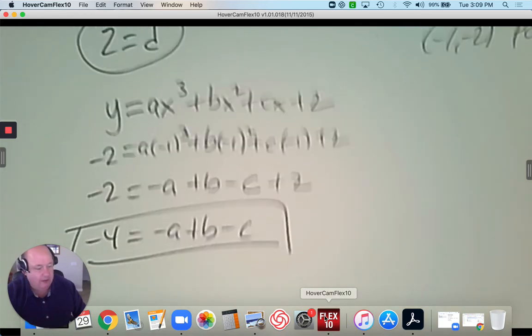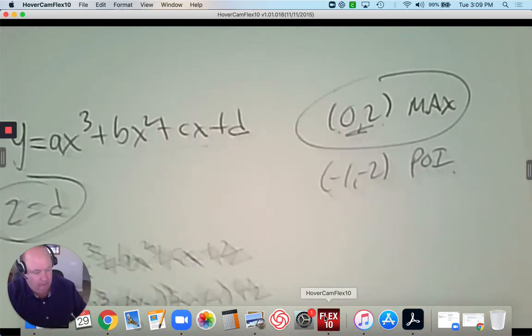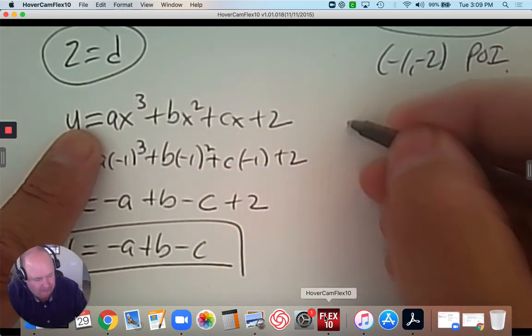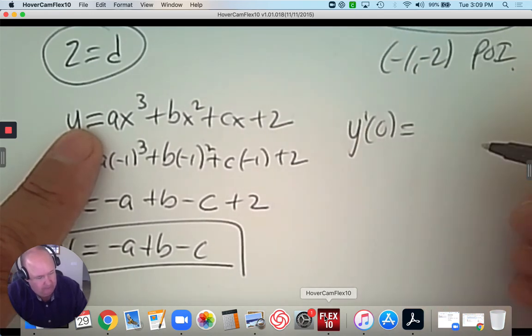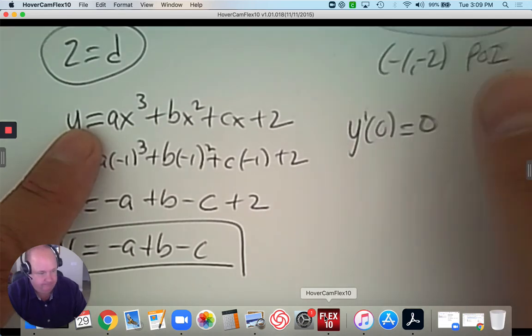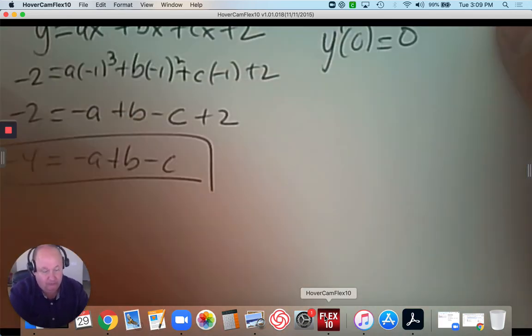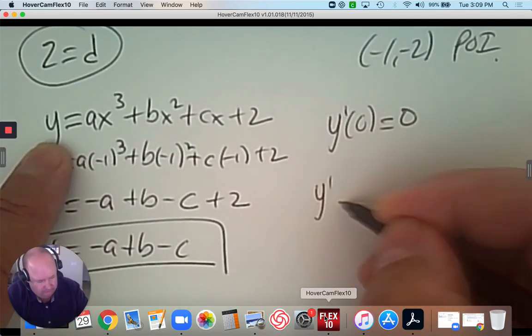All right, now we're going to deal with the fact that this is a maximum. So I'm going to come back here. Maximum means if you take the derivative at 0, the answer should be 0. So when you take the derivative at 0, the answer needs to be 0 for it to be a critical number and a maximum. So we're going to take the derivative.